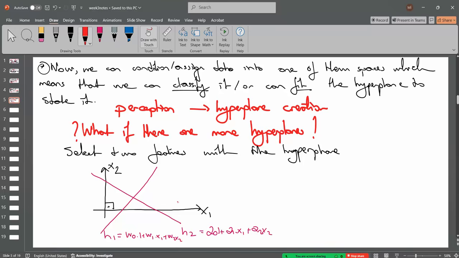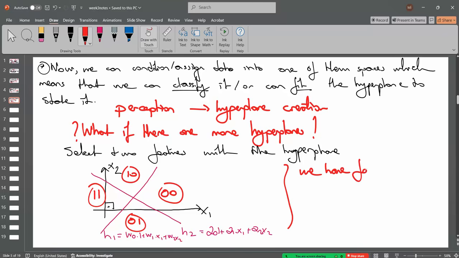We have, for example, the 0 and 0 space in here, or the 1 and 0 space, or the 1, 1 space, and the 0, 1 space. And so we can code the 4 spaces with a different output number in here, just like this one. And so we can say that we have 4 different new regions in here that we can classify, guys.